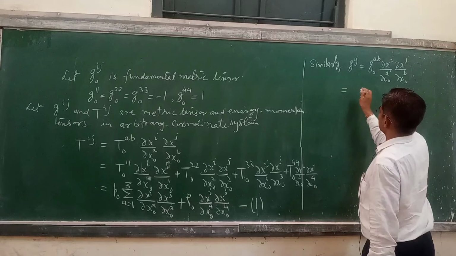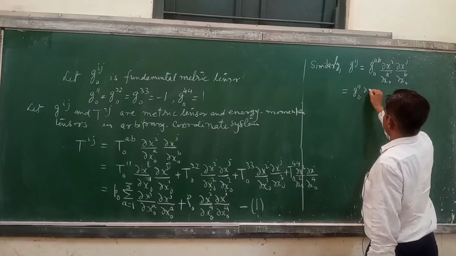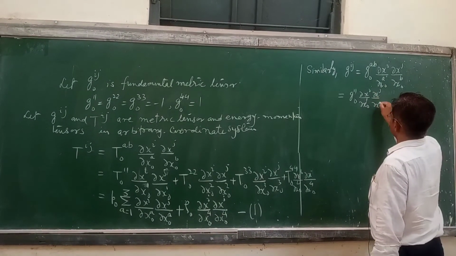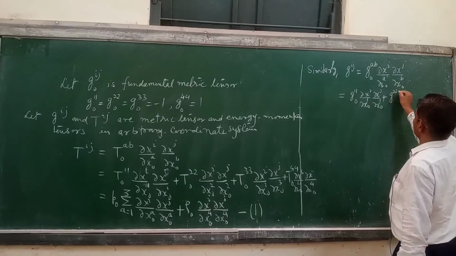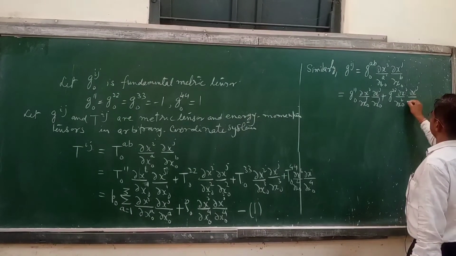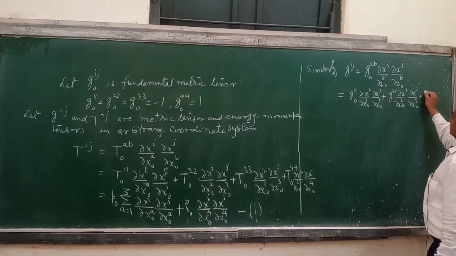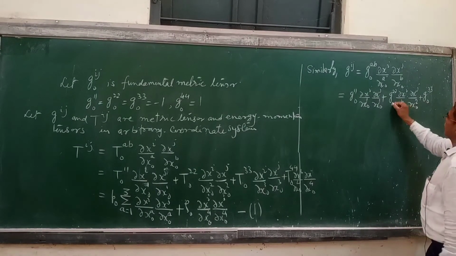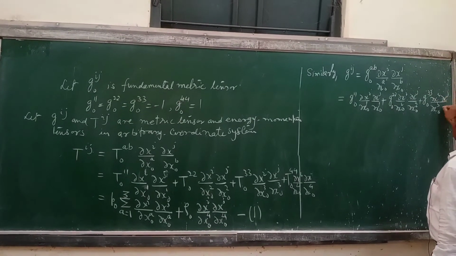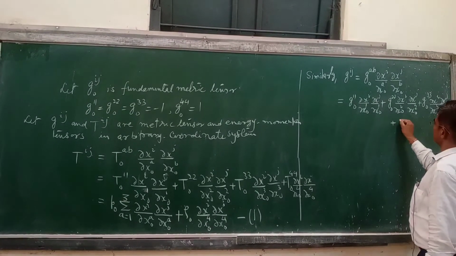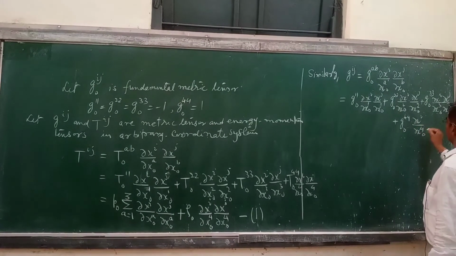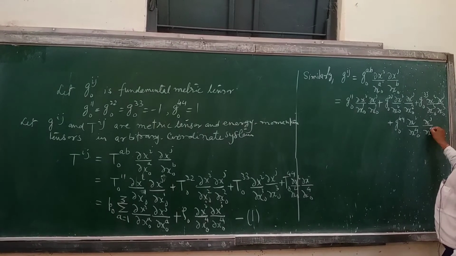So it is equal to g11 del x I upon del x 1 del x j upon del x 1, plus g22 del x I upon del x 2 del x j upon del x 2, plus g33 del x I upon del x 3 del x j upon del x 3, plus g44 del x I upon del x 4 del x j upon del x 4.